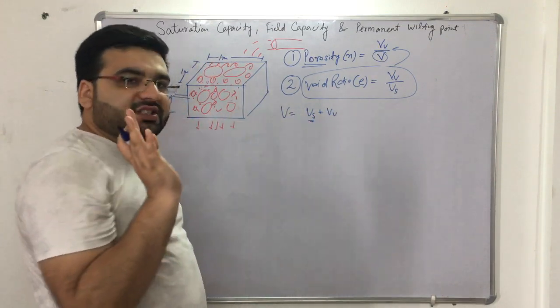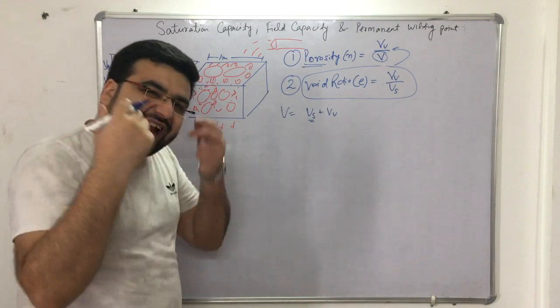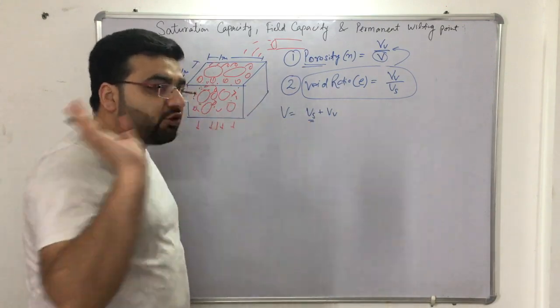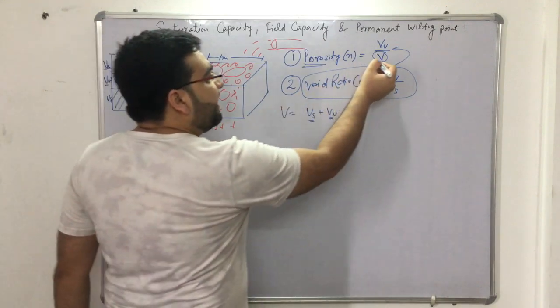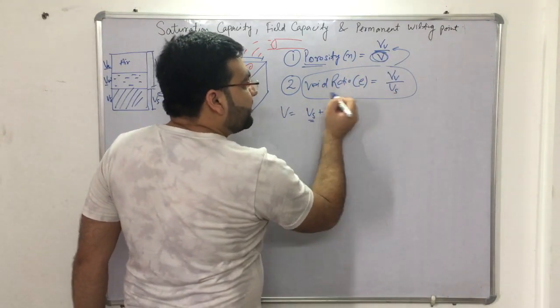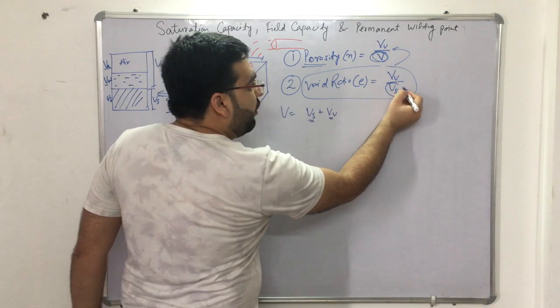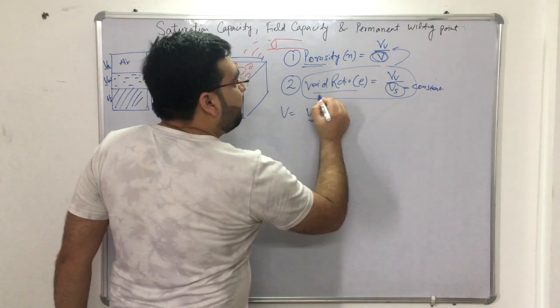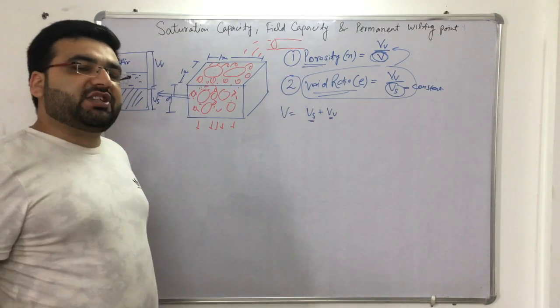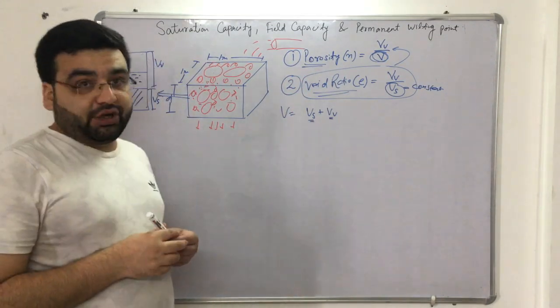Volume of solids will be constant, whether you compress the soil or do anything with it, but the volume of voids can change. That is why it is a changing parameter. As far as void ratio is concerned, volume of solids is constant. That is why we prefer void ratio over porosity. You must have studied this in geotechnical engineering, right?